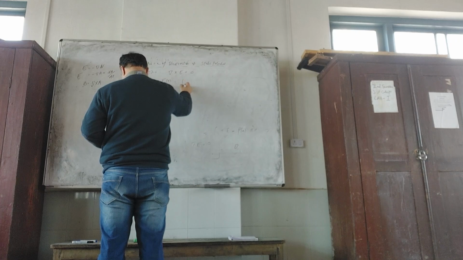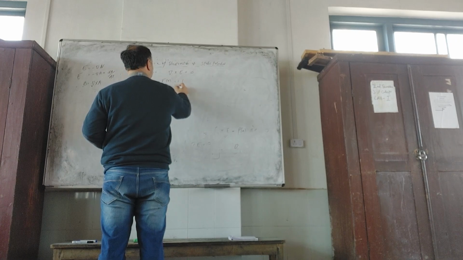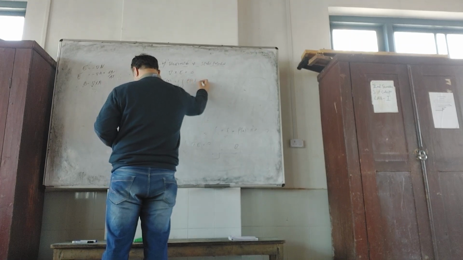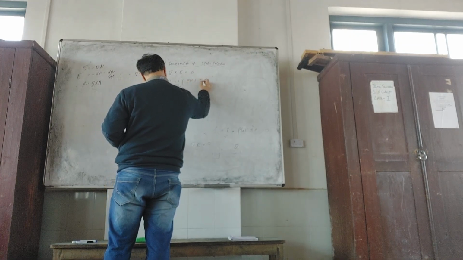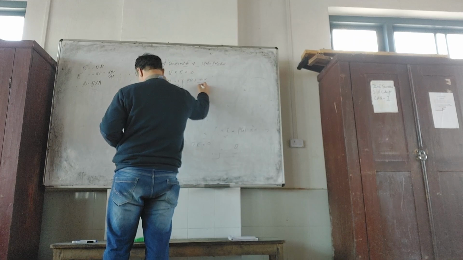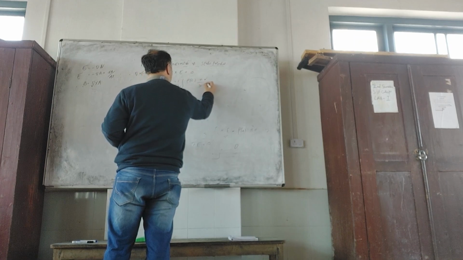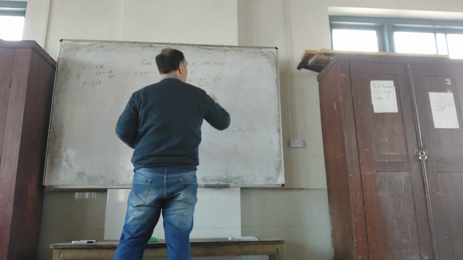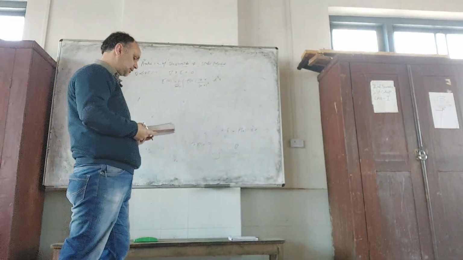We can also write it like this. This is the charge density, है कि नहीं, d3x. Can you write it like this?